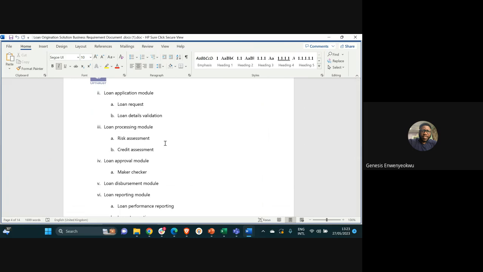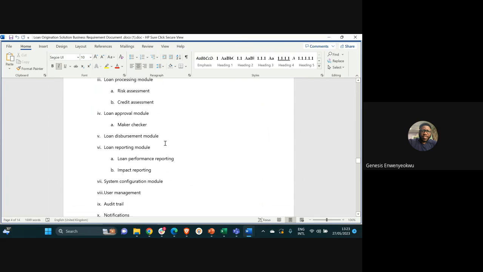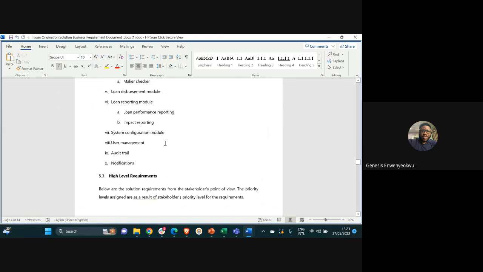There'll be a loan approval feature where they can do a maker-checker to approve a loan request. There'll be a loan disbursement module where we can go into the system to disburse a loan. There'll be a loan reporting module where we can look at loan performance and impact reporting. There'll also be a system configuration module, user management, audit trail, and notification.